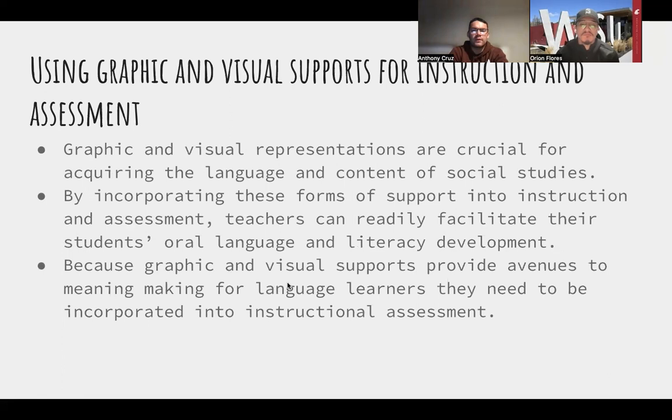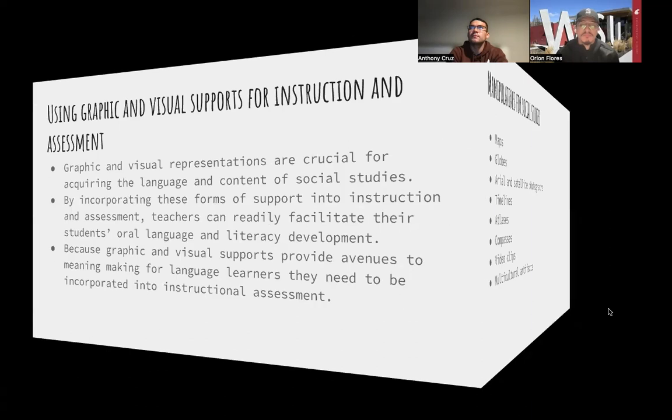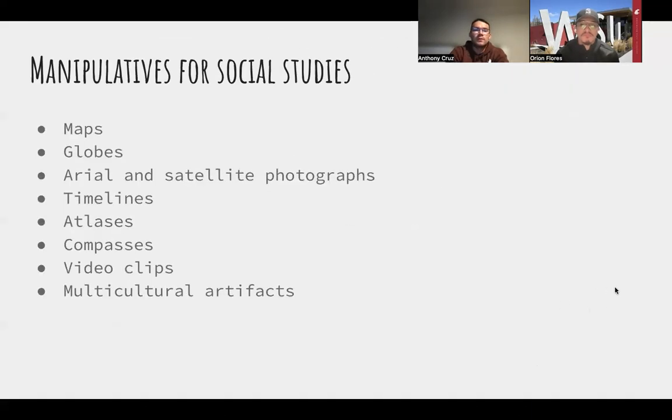Because graphic and visual supports provide avenues to meaning making for language learners, they need to be incorporated into instructional assessment. So some manipulatives that we can use are maps, globes, aerial and satellite photographs, timelines, atlases, compasses, video clips, and multicultural artifacts.